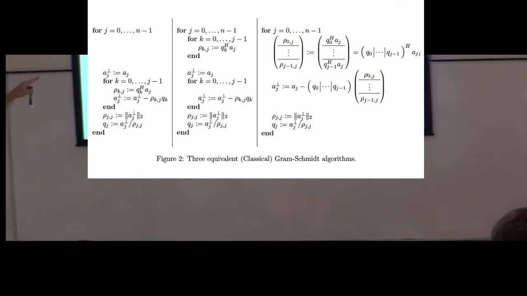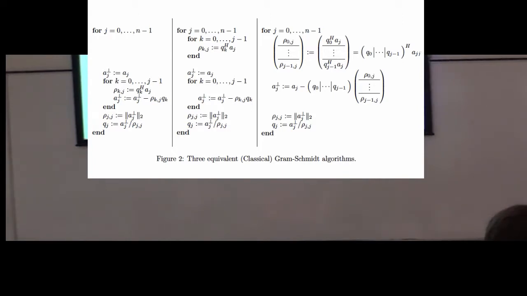Once you do that, you set AJ perpendicular to AJ, and then you start subtracting off components in the other directions, leaving you with the perpendicular part. That's the second loop in the body of the outer loop. And then once you're done subtracting out components in the different directions, you compute the length, and you normalize the vector to have length 1, and you're done.